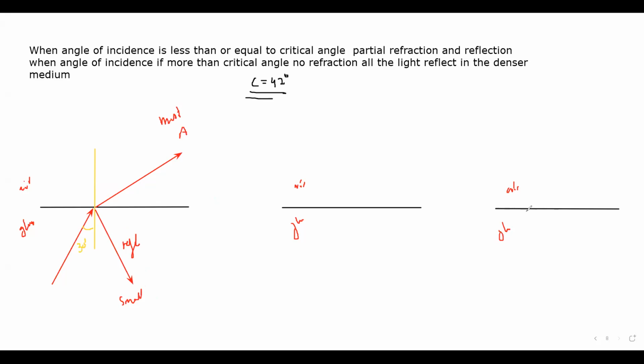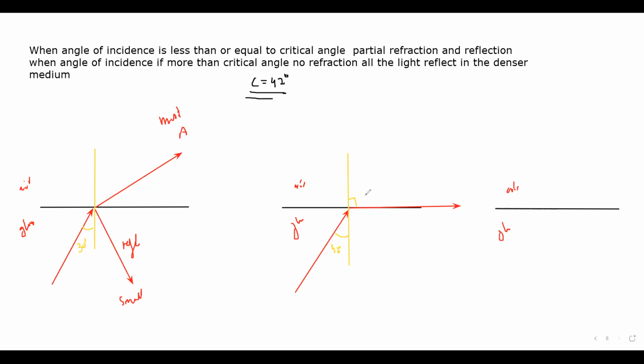If the angle of incidence, as we know the critical angle is 42, so if the angle of incidence is equal to 42 degrees, what we observe is that refraction occurs exactly at an angle of 90.